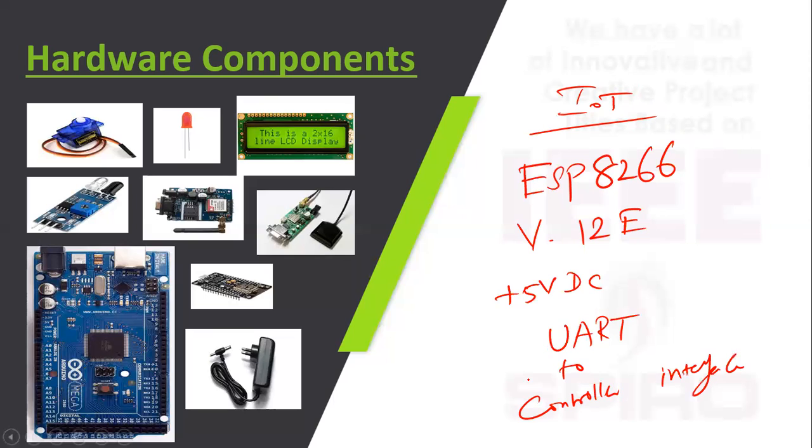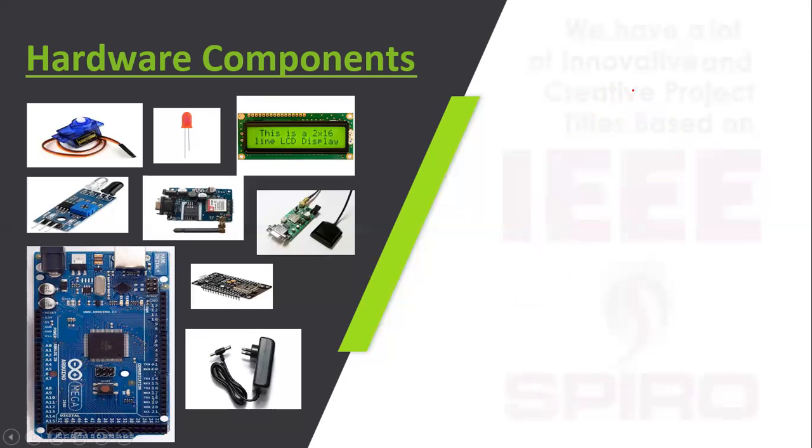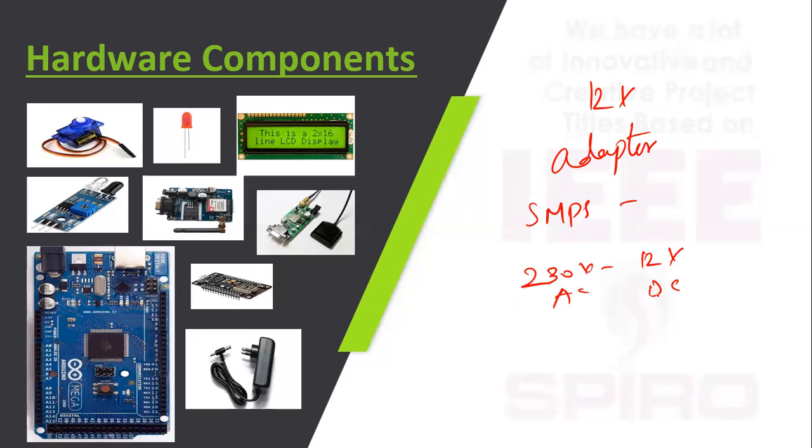So these are the hardware requirements. For power supply we are using a 12 volt adapter, inside having SMPS which converts 230 volt AC to 12 volt DC, and then using a 7805 IC to convert 12 volt DC to 5 volt DC.